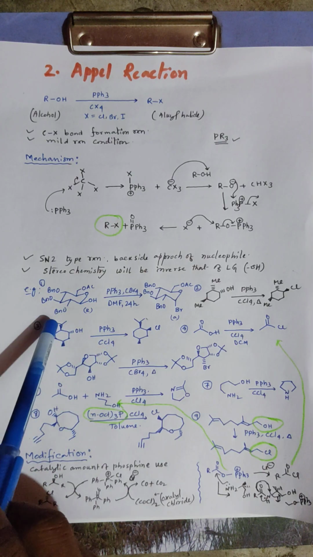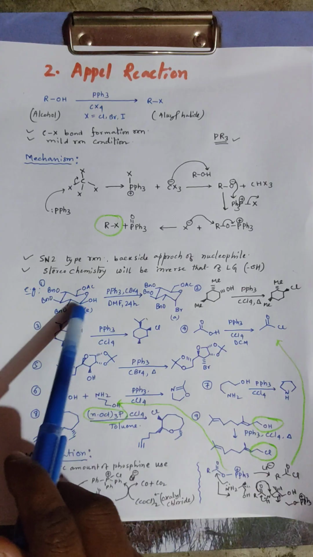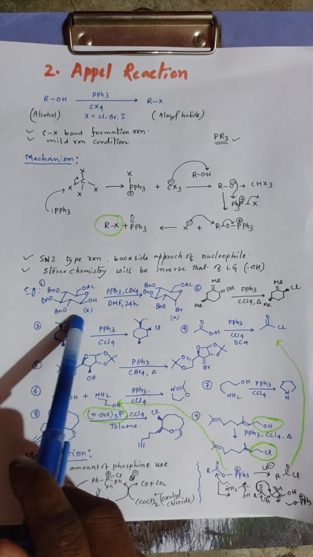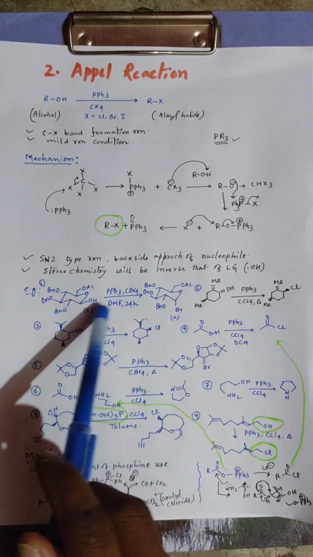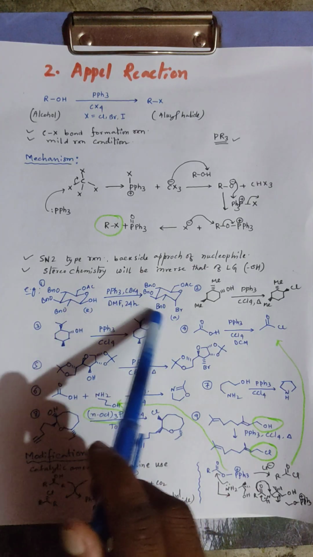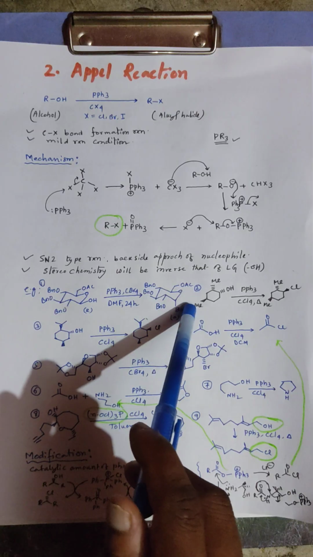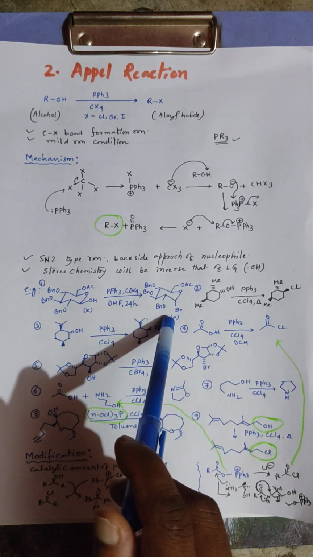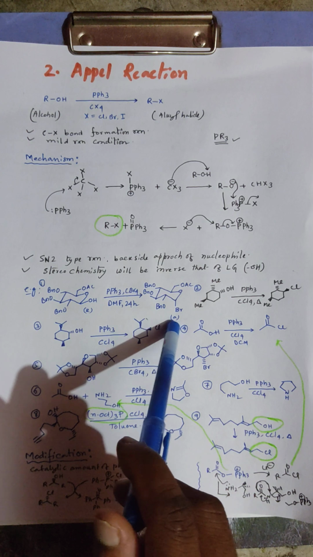We can understand the first one, where the alcohol group was equatorial in this molecule, and under these Appel conditions the alcohol goes to the alkyl halide, where the halide as a bromide comes in the axial position as inversion of stereochemistry happens.